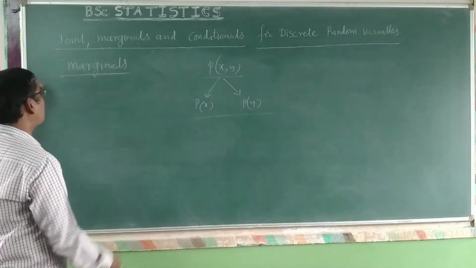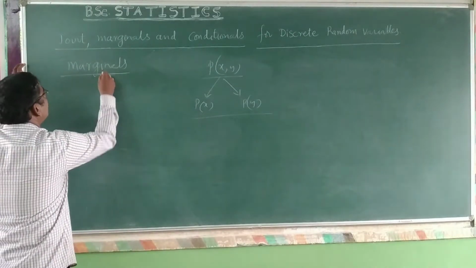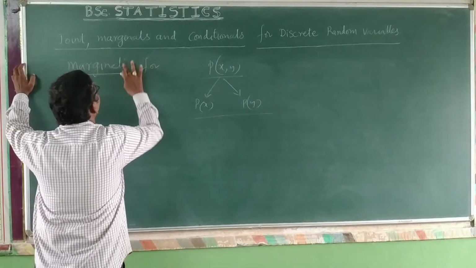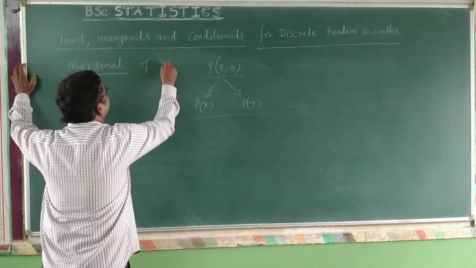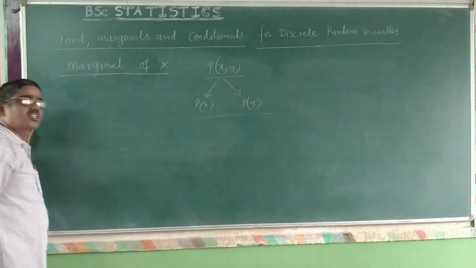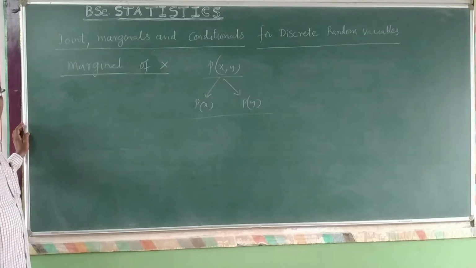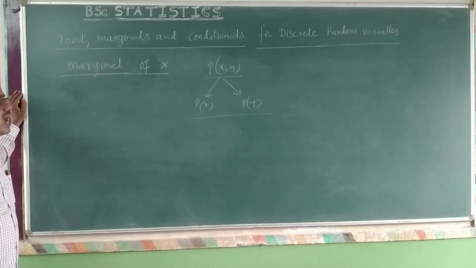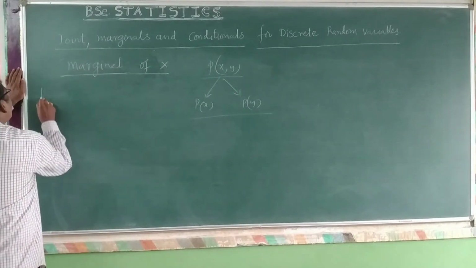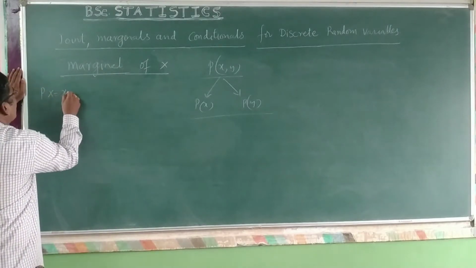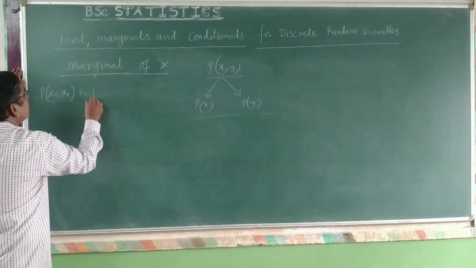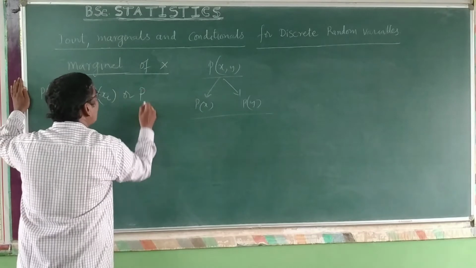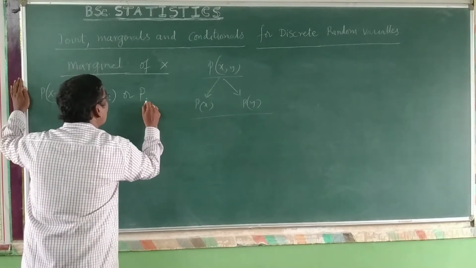Now the marginal probability mass functions, in which I define first of all for x. The marginal probability mass function of x is denoted by probability of x is equal to xi, or simply we can write p of xi, or also another notation, pi dot.